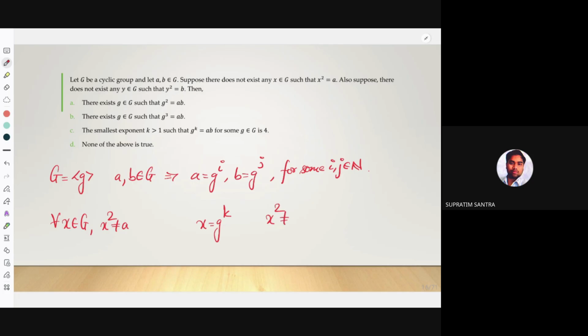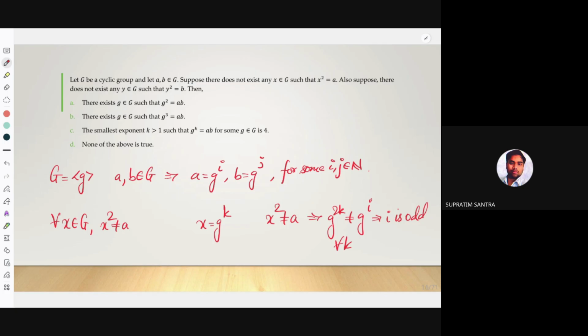And x square not equal to a implies g to the 2k is not equal to g to the i, which means the power i is not even. The power i is basically odd. Yes, sir. And this is true for all k, and that's why we are able to conclude i is odd.